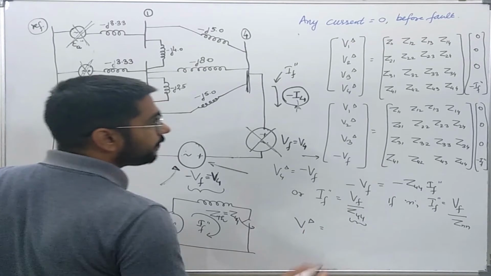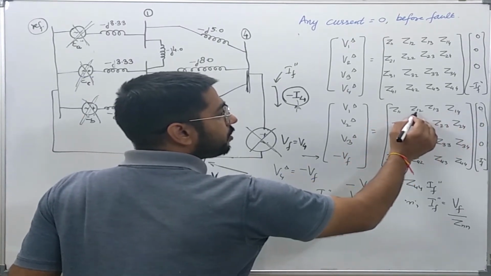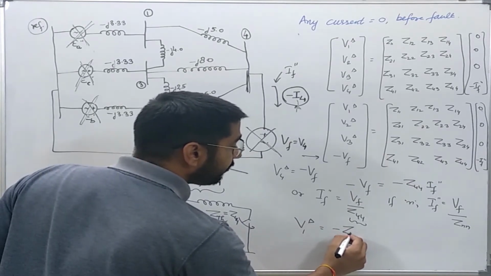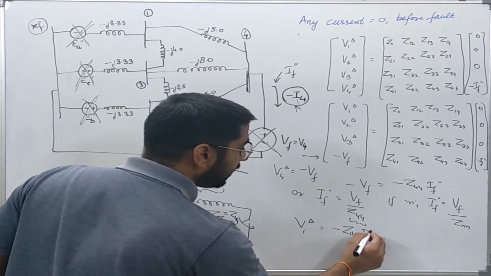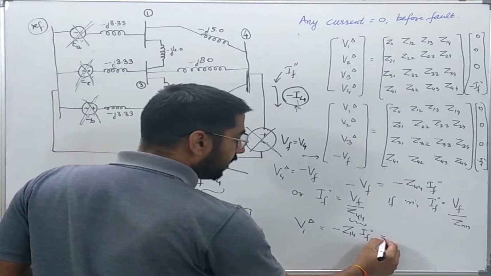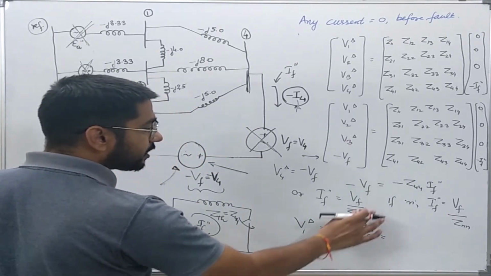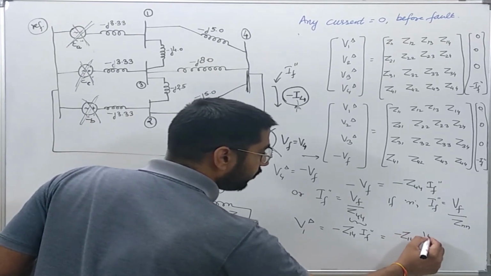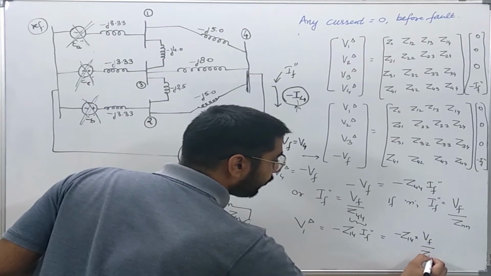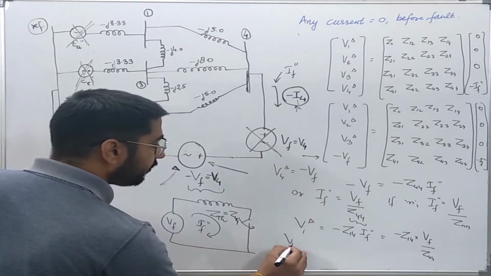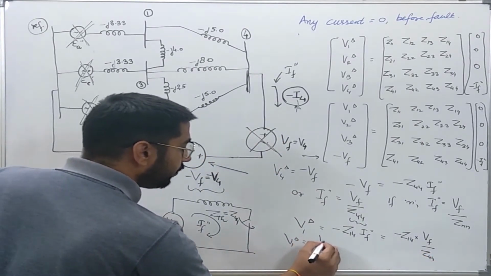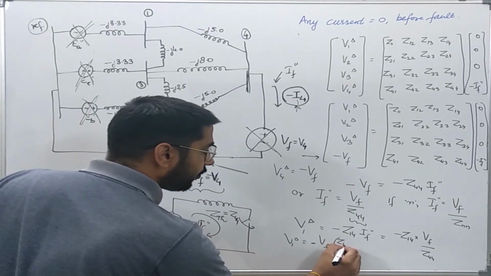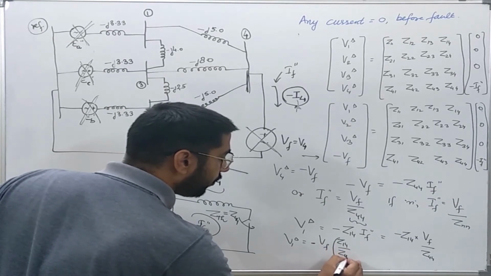is nothing but this multiplied by this; this is 0, this is 0, this is 0, so it is equal only to minus of Z14 IF double dash. If I write the value of IF double dash from here, it is minus of Z14 into Vf over Z44, or V1 delta is minus Vf, with the minus sign outside, Z14 over Z44.